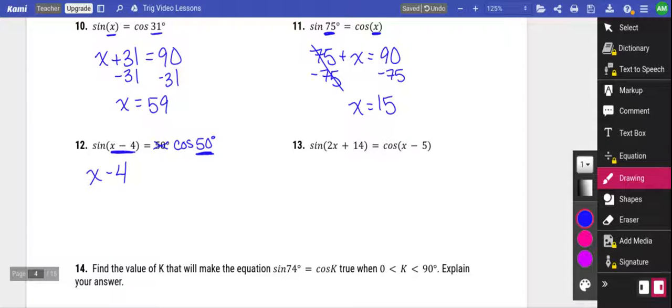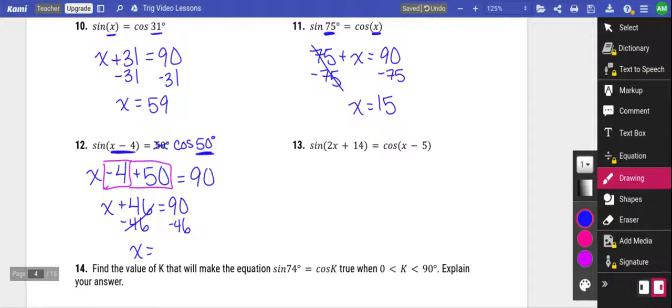So I can say x minus 4 plus 50 equals 90. I'm going to combine some like terms and subtract from both sides to get x is equal to 44.